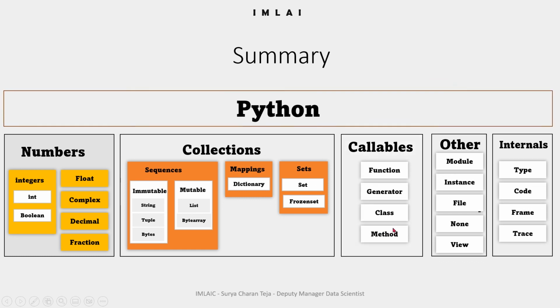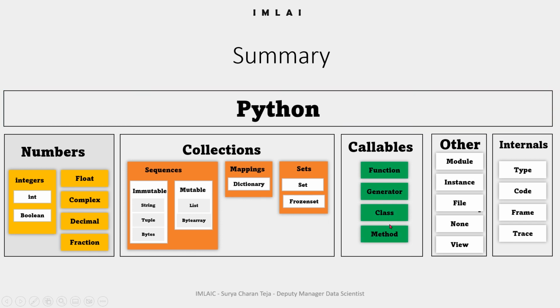Even methods, also known as type specific functions, are all objects that come under the callable category: function, generator, class, method.